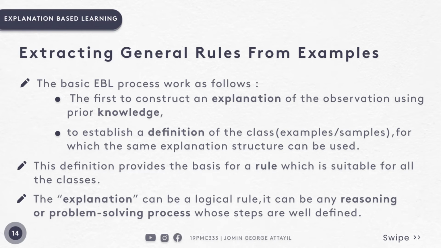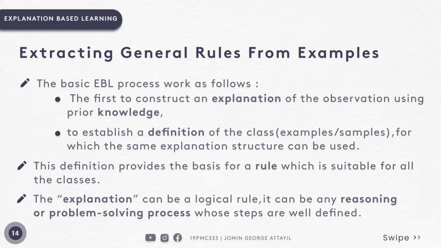Next one is extracting general rules from examples. Here first we should construct the explanation of the observation. Here observations are nothing but examples or samples. We are going to observe those samples and construct the explanation by using the prior knowledge.